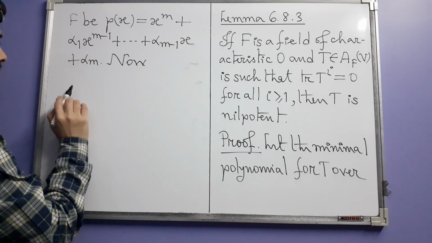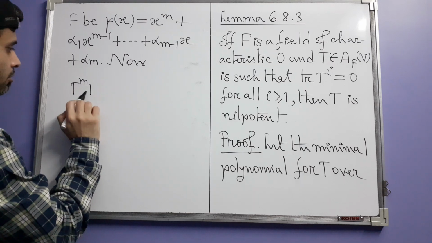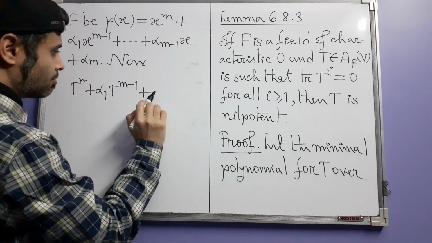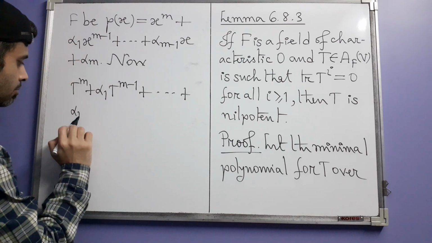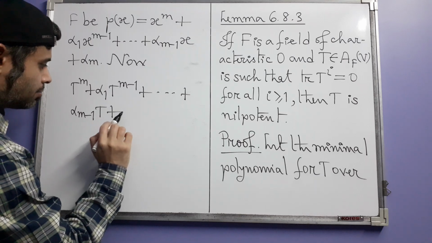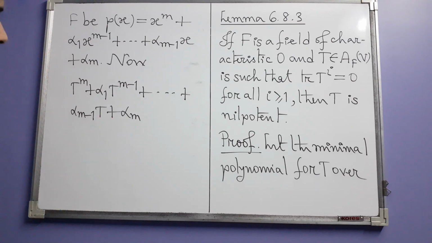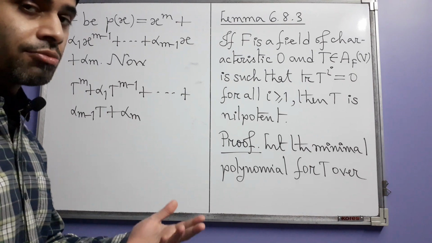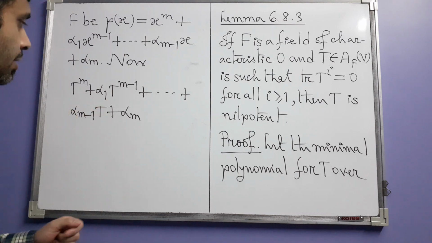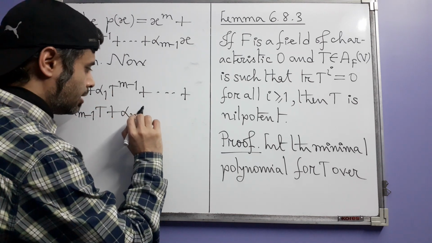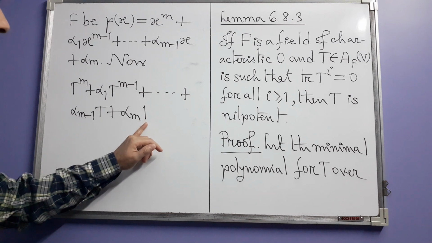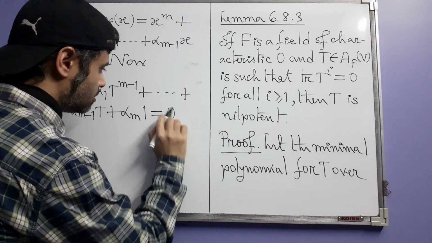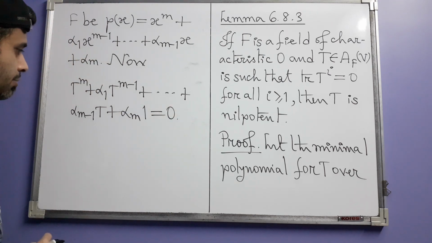That means we are going to get T to the power m plus alpha 1 T to the power m minus 1, and so on, plus alpha m minus 1 T plus alpha m. If you want, you can simply write alpha m, but because we do not want to get confused later on, I am going to write 1 here, and this 1 is the identity operator on V. This is equal to 0. This 0 is the 0 operator on V.